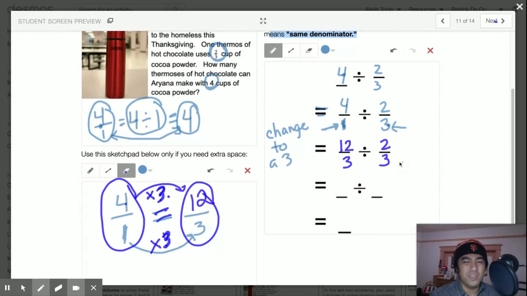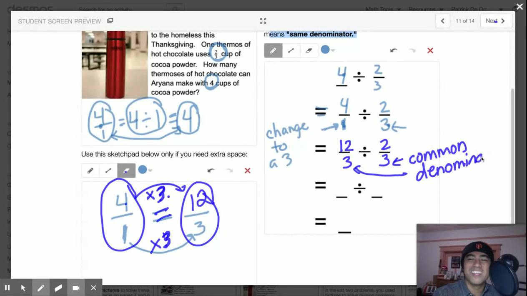What was the point? It's because now, look, these are common denominators. Common denominators mean same denominators.